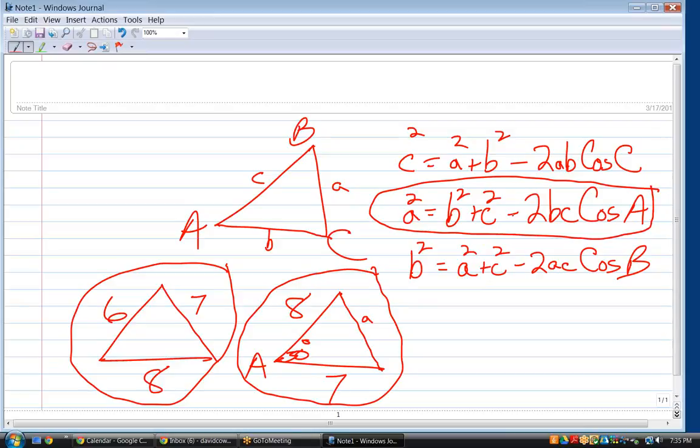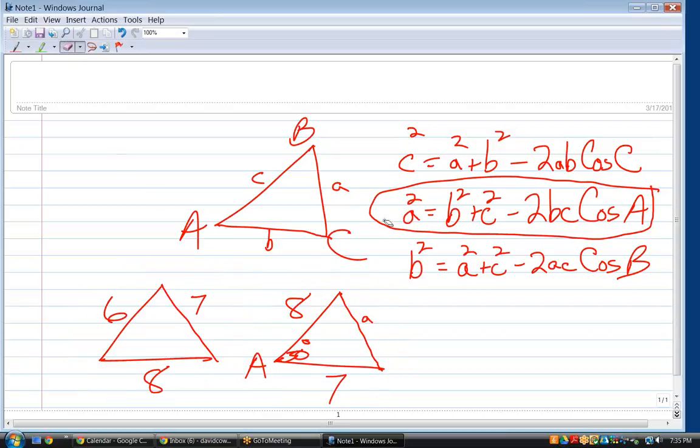So everything on the right side of the equation is known, and I can solve for side A. Once I solve for side A, now I have that fixed relationship for that triangle because I know the angle and I know its opposite side. Now I can solve the rest of the triangle using the law of sines. And that's really it in a nutshell.